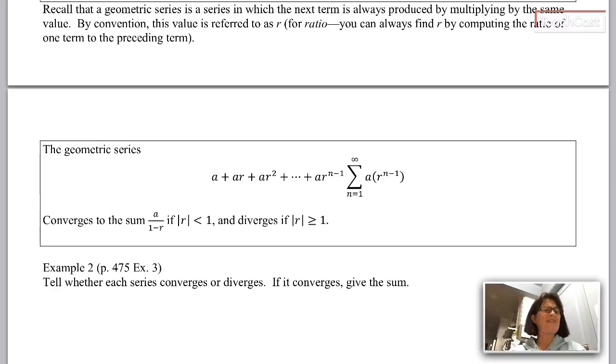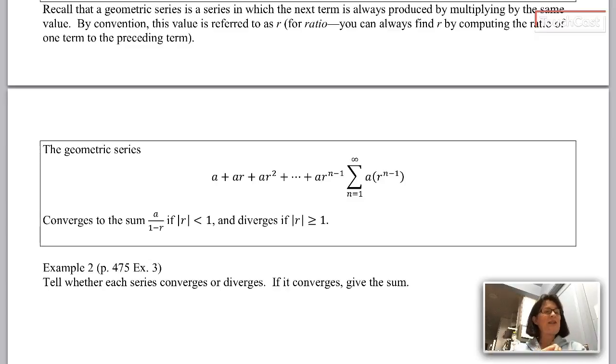Okay, so just remember the definition. A geometric sequence is a sequence in which the next term always comes from multiplying the term before by the same amount. And we have this convention where we call that amount that we multiply by each time R for ratio.